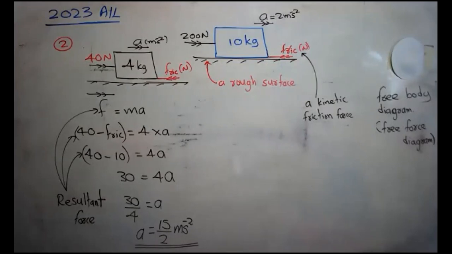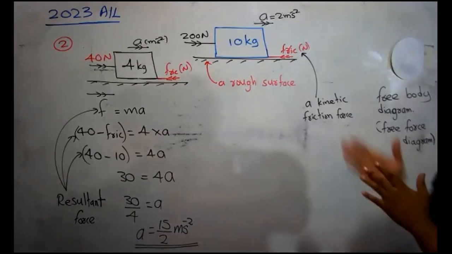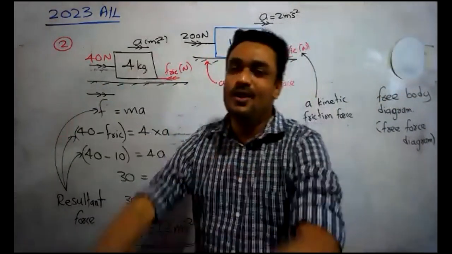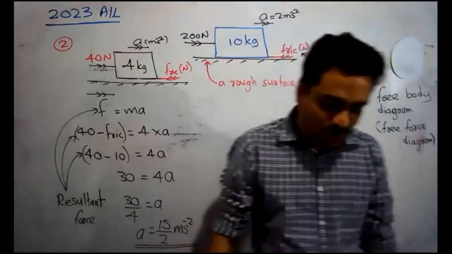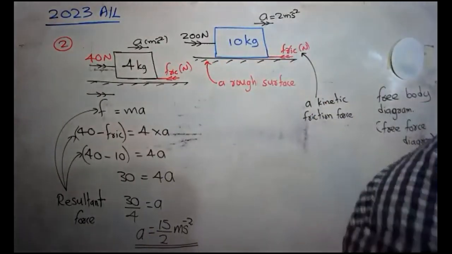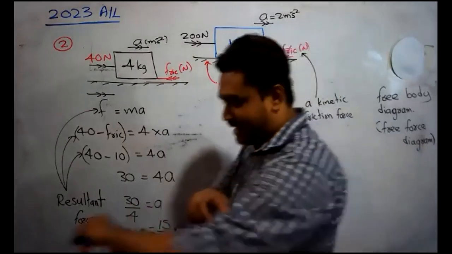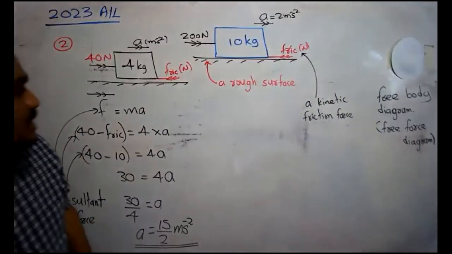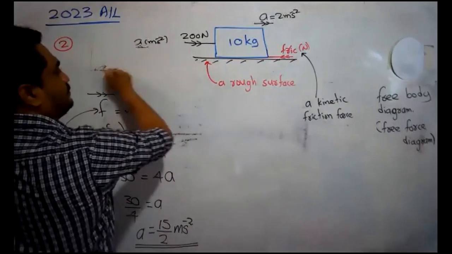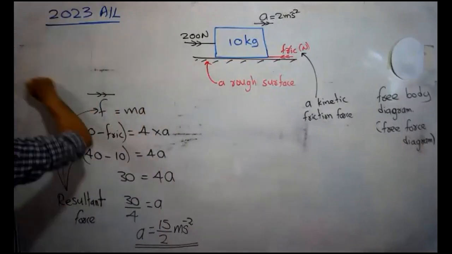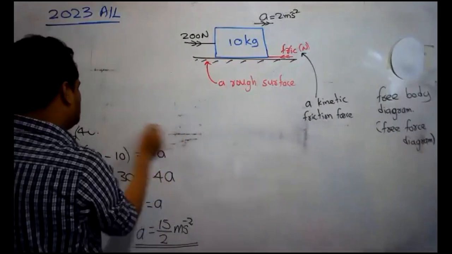Roman number one. Find the friction force acting on the object. Roman number two.